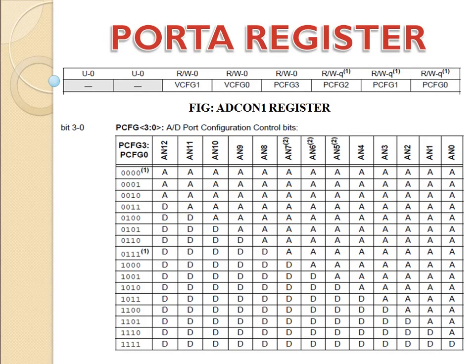According to the values of the first 4 bits, that is PCFG3 to 0, the signals will be configured. Thus if all zeros, then all the pins will accept analog signals, which is the case till 0010, that is the first 3 cases.